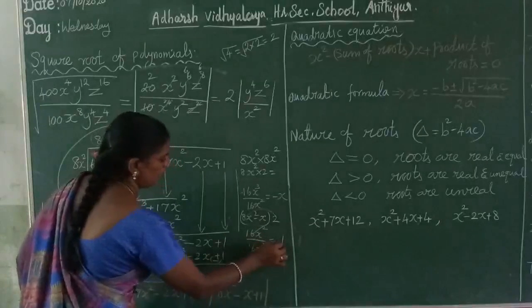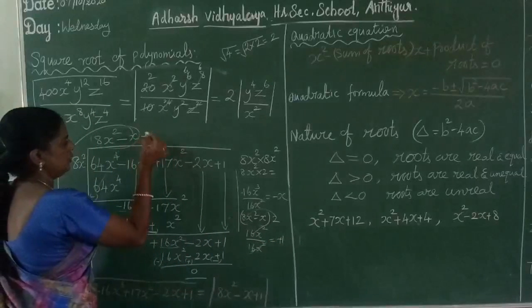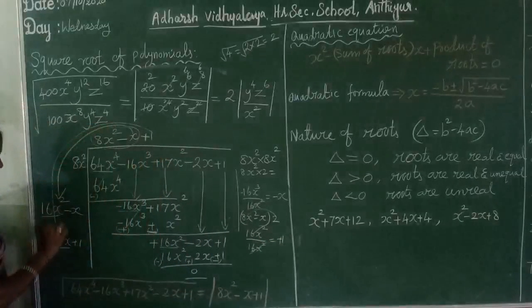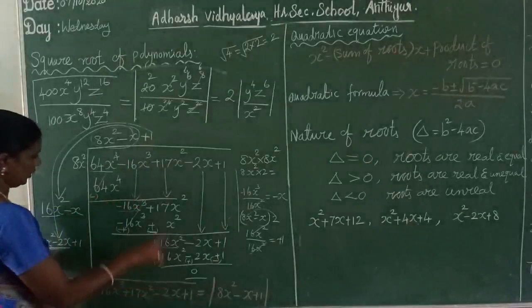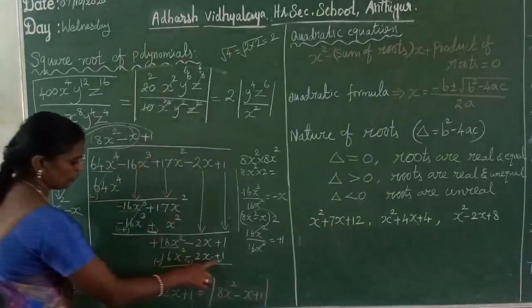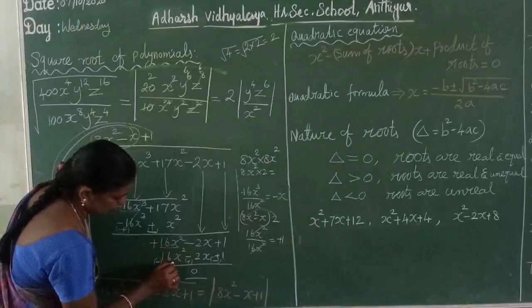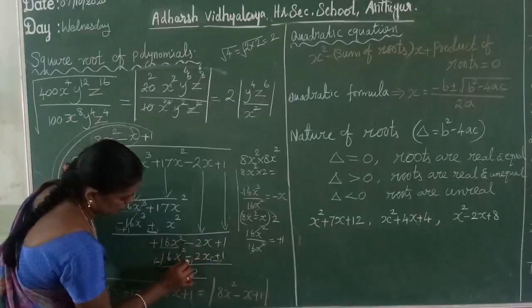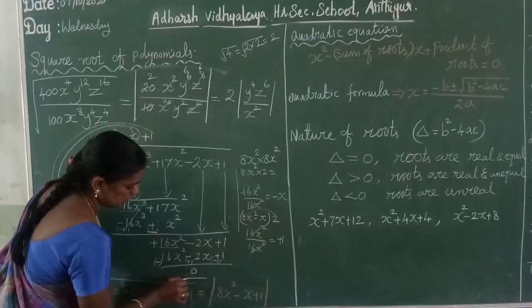So the answer is 1. That 1 we write as plus 1 in the quotient place. This 1 into this divisor: 1 into 16x square, 16x square; 1 into minus 2x, minus 2x; 1 into 1, 1. And subtract: 16x square minus 16x square, minus 2x plus 2x, 1 minus 1. We get the answer 0.